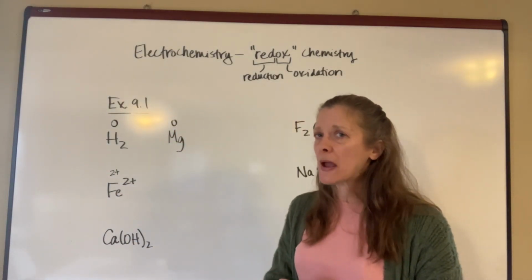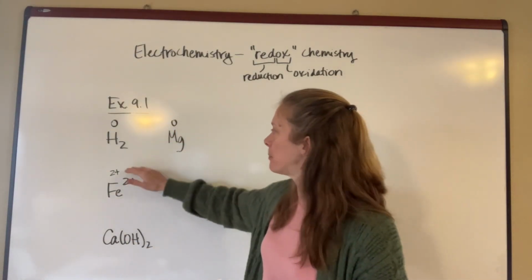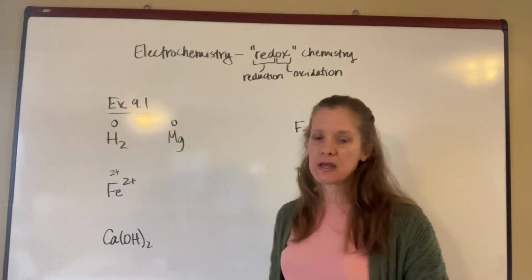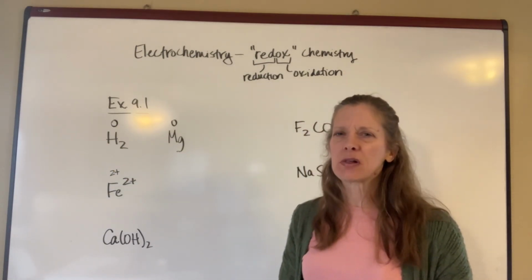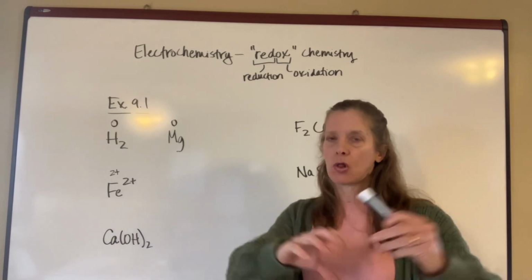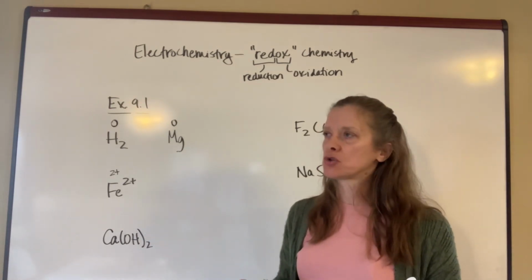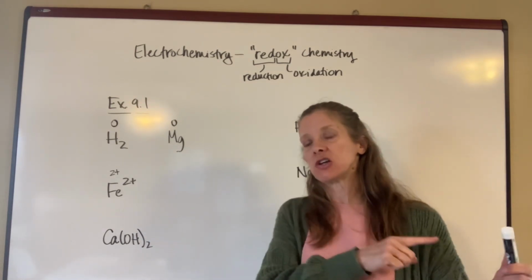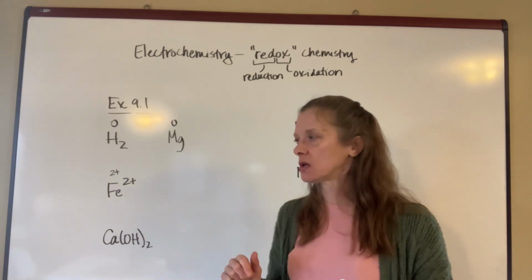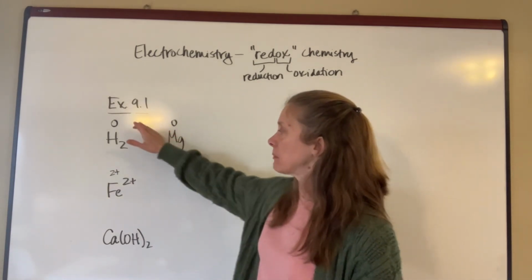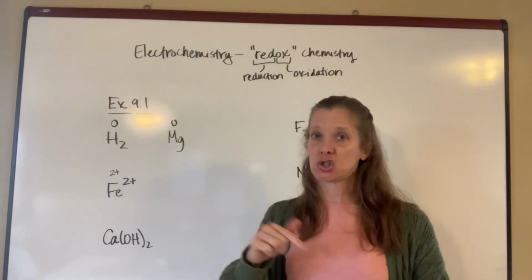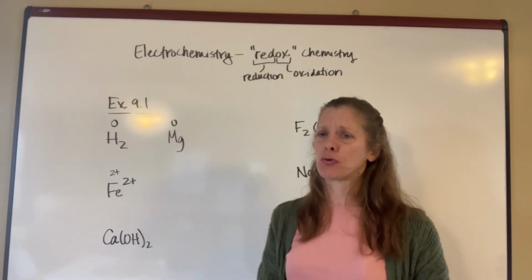I prefer to write my oxidation numbers up above the symbol for the element, because it makes it easier when we get into long reactions where I'm trying to see what happens to that oxidation number as we go through the reaction. That's why I tend to write mine up above, so I can track changes as I go through a reaction.